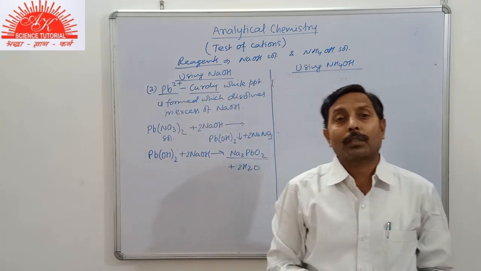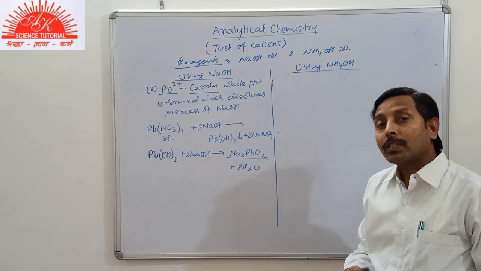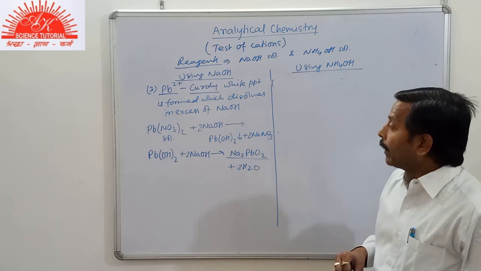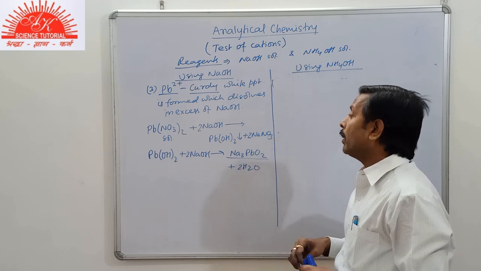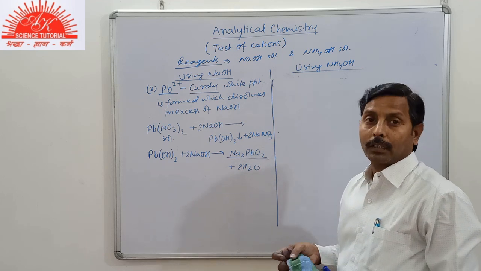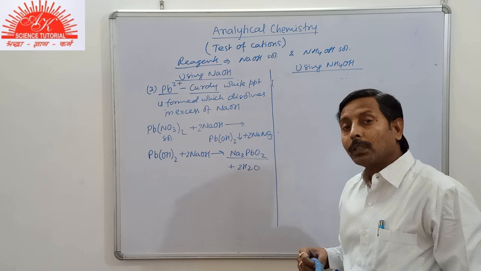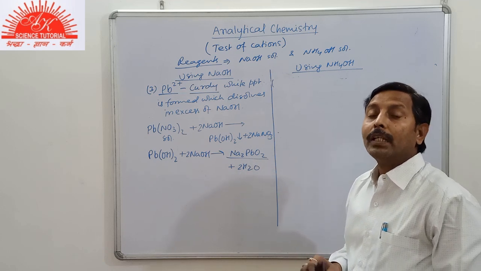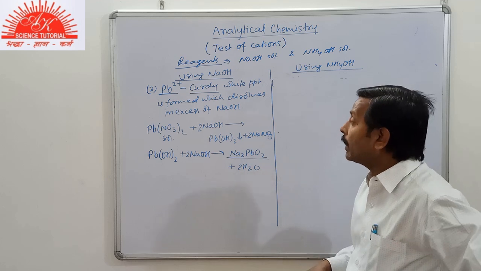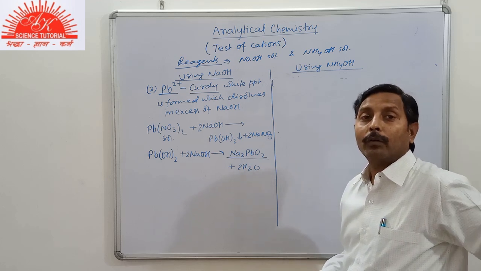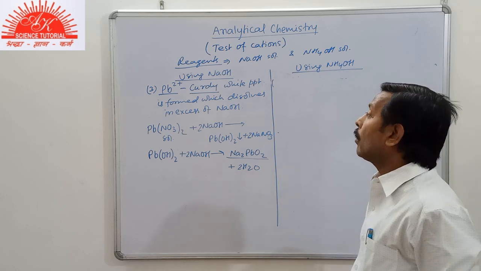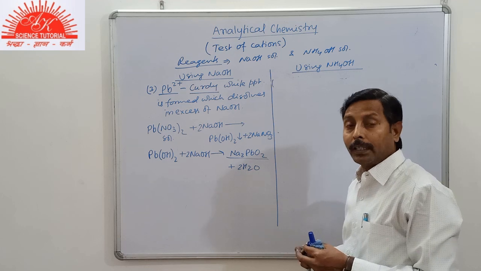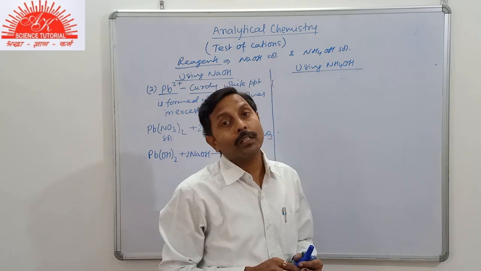So now you see, students, that caustic alkalis, that is KOH or NaOH, fail to distinguish between zinc and lead salts, because in both cases they give white precipitate which dissolves in excess of alkali. Then how can they be distinguished?